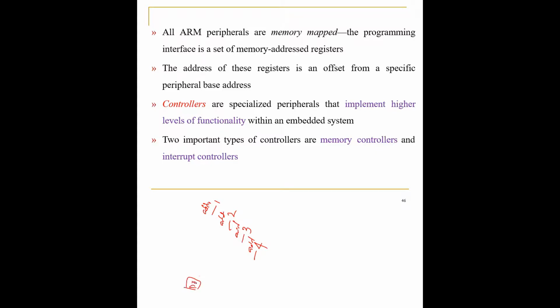Suppose the processor needs to give data to peripheral 2. Then the data from the processor will be sent to this particular address, so that the data will come out of peripheral 2. Suppose I need to get some data from peripheral 3.